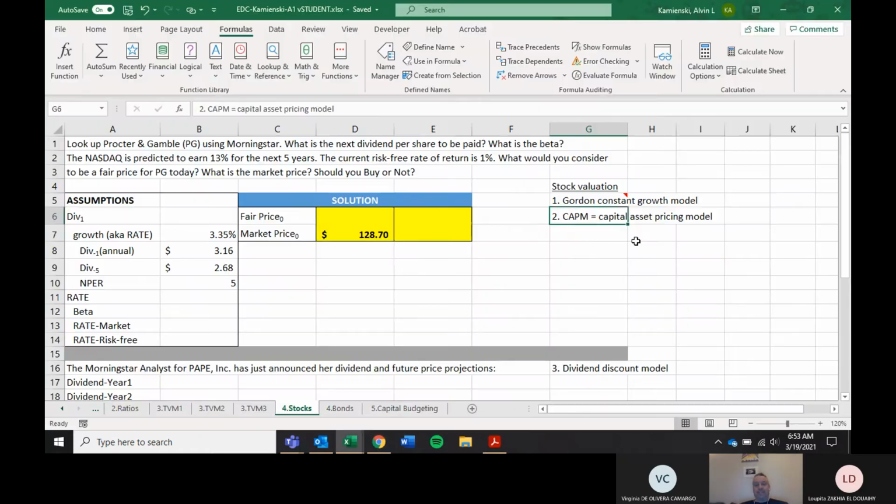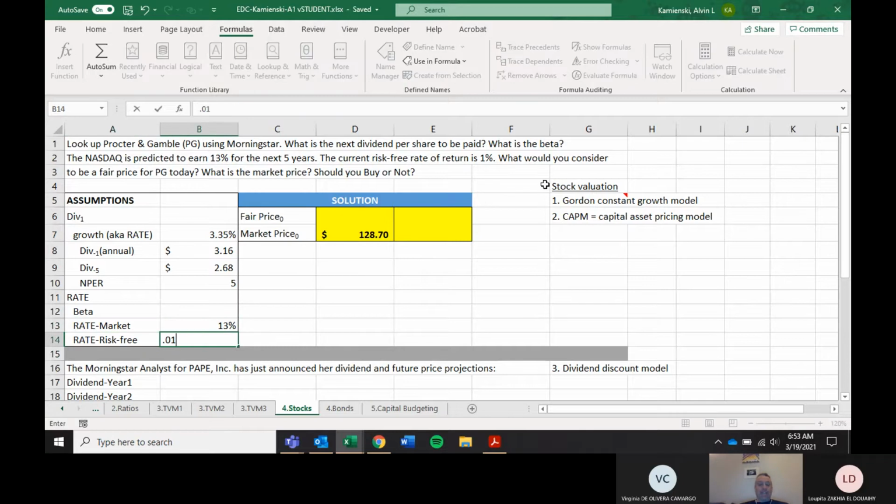So let's see how you execute that. First thing we have to do is ask, what do we think the market is likely to do in the future? And so according to the research that was provided in the problem up top, we expect the stock market to grow by 13%, so that any investor who invested in a broad portfolio of the market would expect this annualized growth.